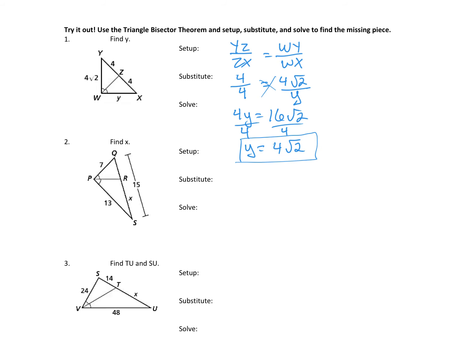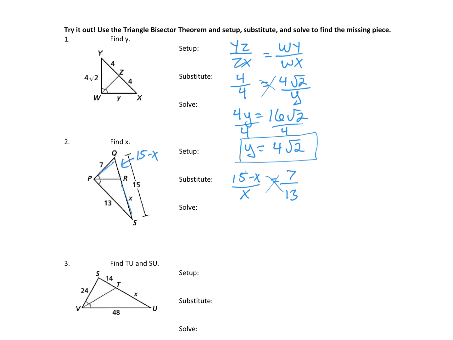Next one, number 2. Here, we'll skip the setup for now, but we can plug it in. Notice this is 15, the whole thing. So this part here is actually 15 minus x. So we can set this up. 15 minus x over this part RS, which is equal to 7 over this part, and 7 over 13.